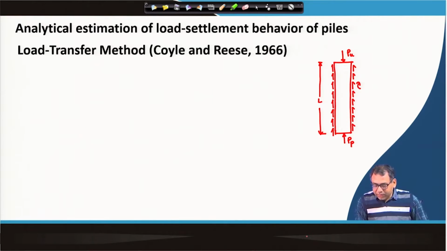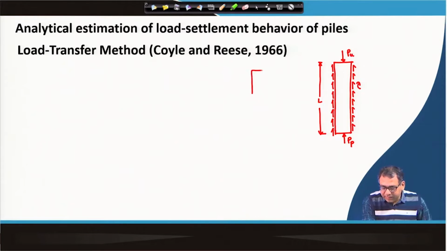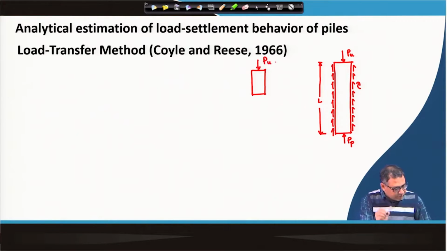Now, what we are doing is dividing this pile into a number of segments. This is the first segment. There will be a Pu at the top, and this is segment number 1.